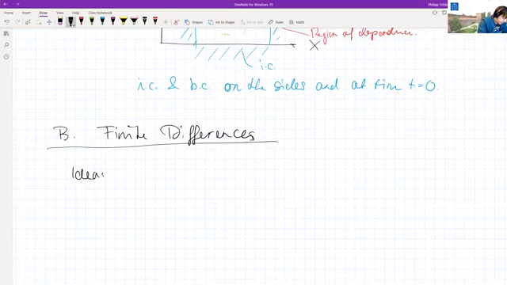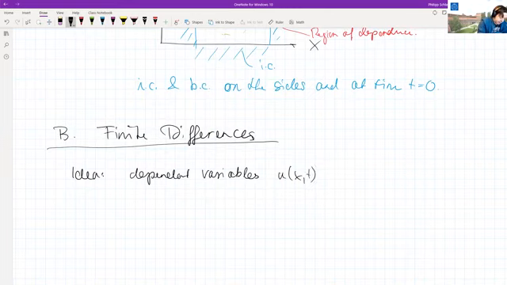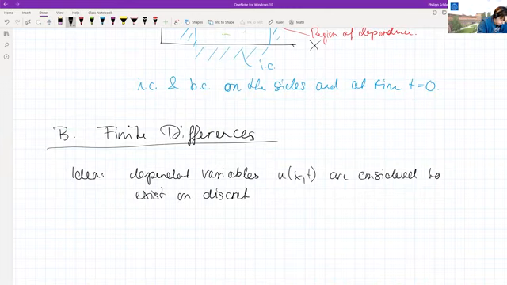So the idea is that the dependent variables, in that sense u as a function of x and t, are considered to exist on discrete grid points only.